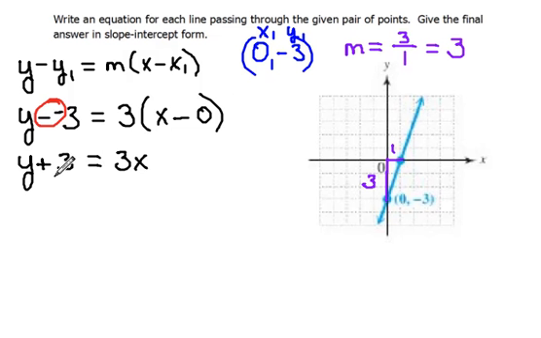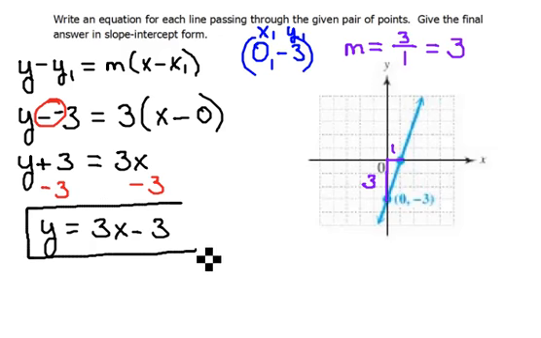Now to get y completely alone, we would have to subtract 3 from both sides to get y equals 3x minus 3. Since those are not like terms, we cannot combine them. All we can do is write them.